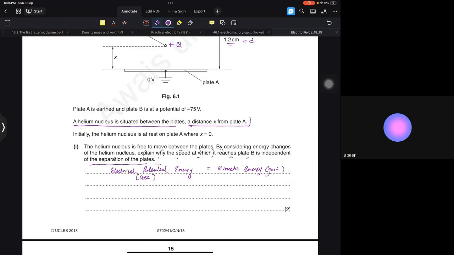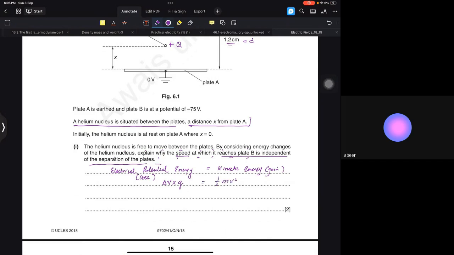Now, the question is that we need to prove that the speed at which it reaches the plate is independent of the separation. Okay. So, electrical potential energy we know is change in electrical potential times charge, and this is half mv squared.